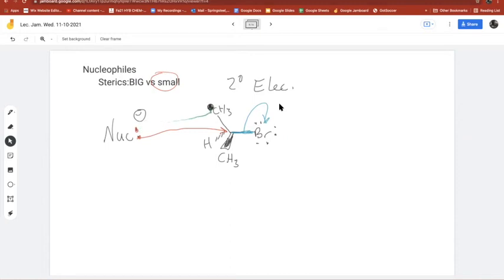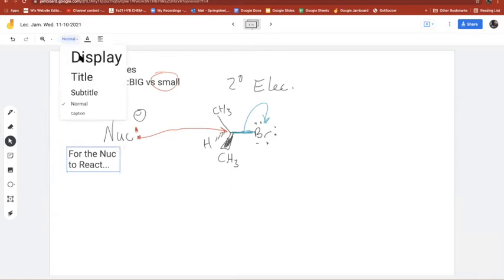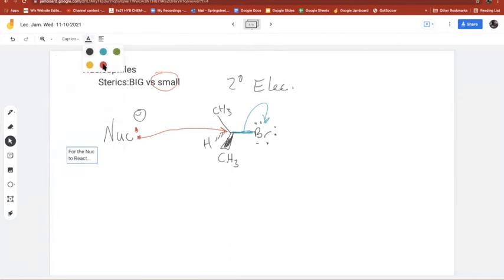That'll slow it down, because in order for the nucleophile to react, it needs to do three things. Can someone tell me what they are? What are the three things? One, it has to what?